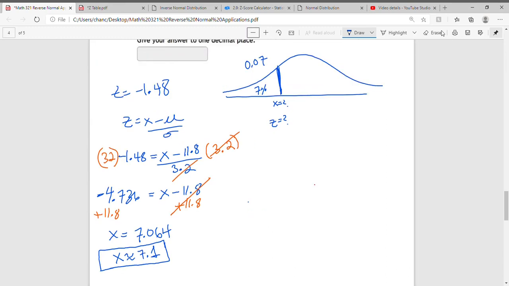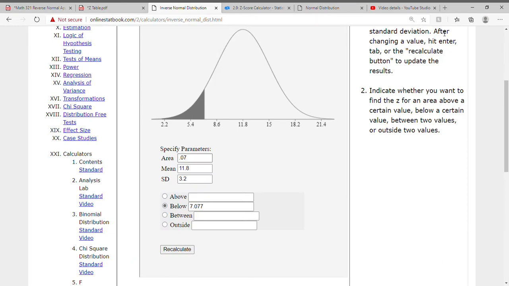I want to check my work, so in order to do that, I'm going to go to our inverse normal distribution calculator. I want the area to the left to be 0.07. The mean is 11.8. Our standard deviation is 3.2.